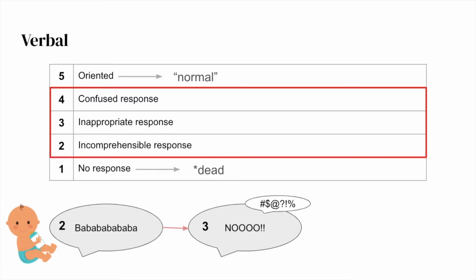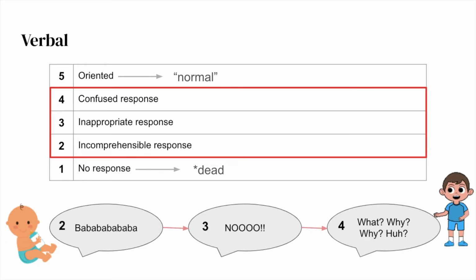So it's an inappropriate response. It also, if you work with individuals with a brain injury, could be inappropriate responses such as swearing, because as we know, curse words are often retained when the rest of the language is not.